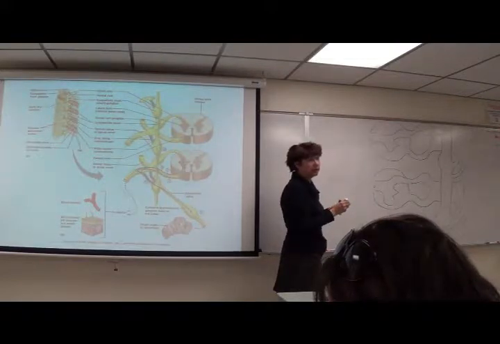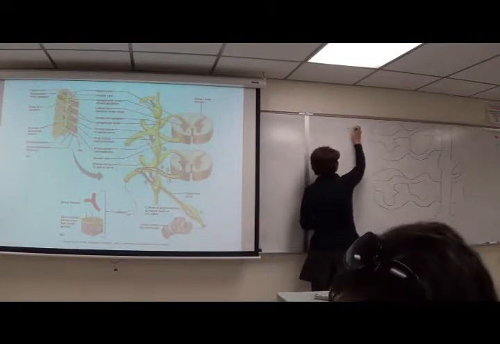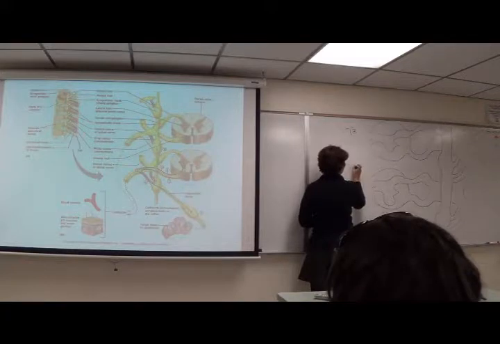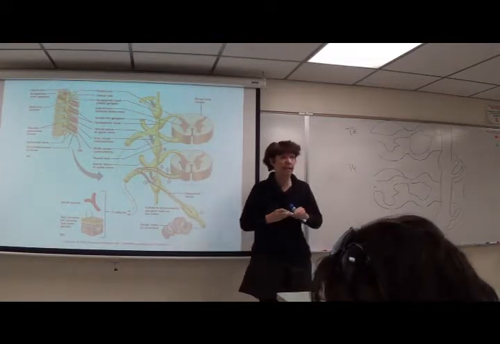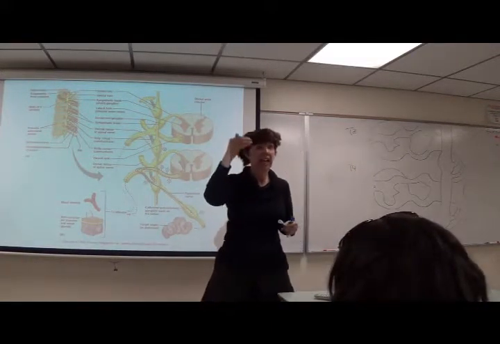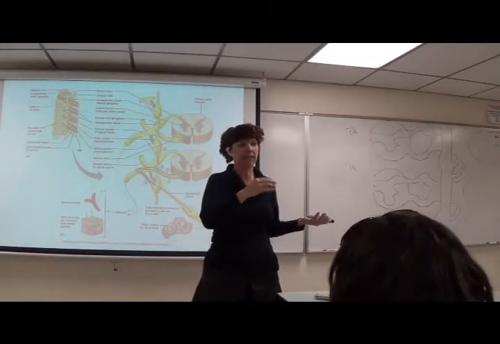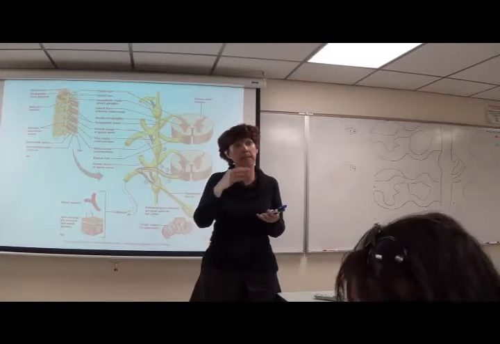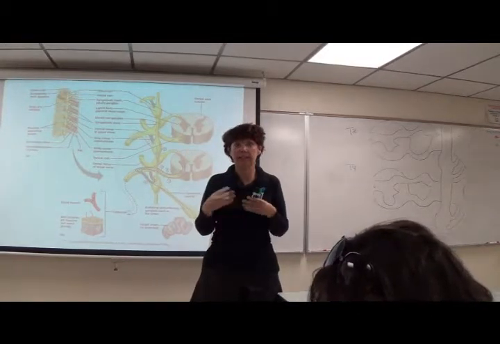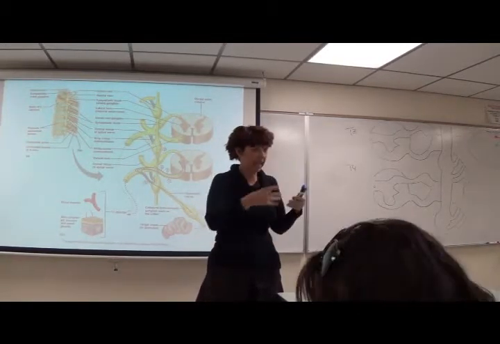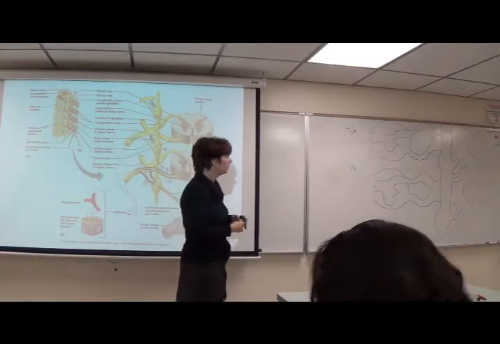T3 and T4. Okay. So what we're saying is this is the ventral root coming out between the 3rd and 4th thoracic vertebra, and the spinal nerve coming out between the 4th and 5th thoracic vertebra. We're in that segment of the spinal cord.